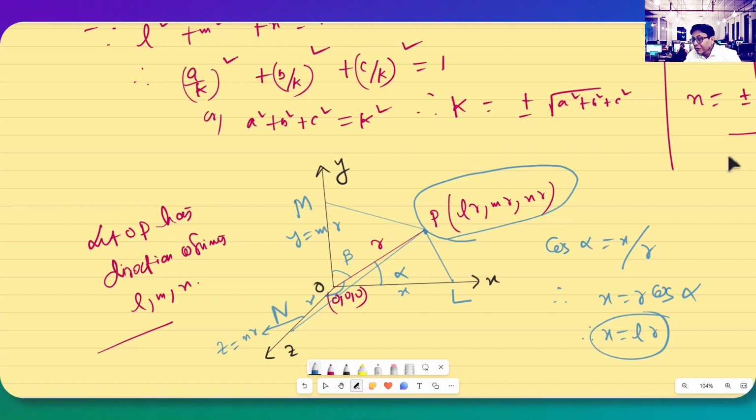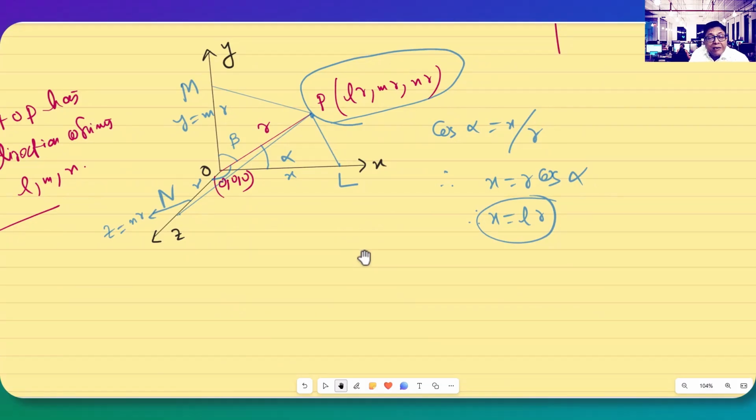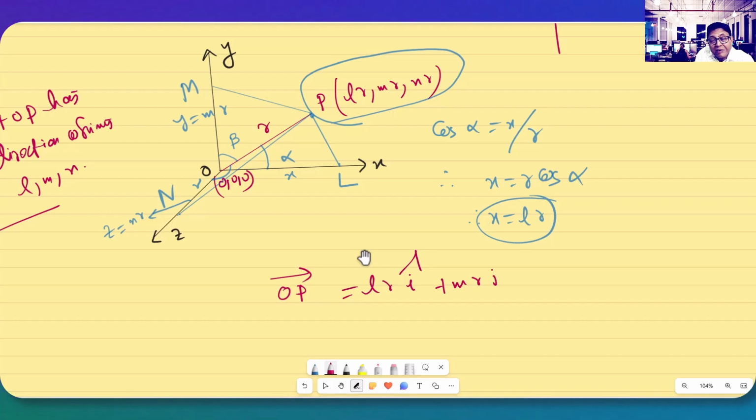This is very important. OP's direction cosines you know, OP's length you know, you can write the tip of the vector. So using the vector symbol, OP vector is going to be LR i cap plus MR j cap plus NR k cap.